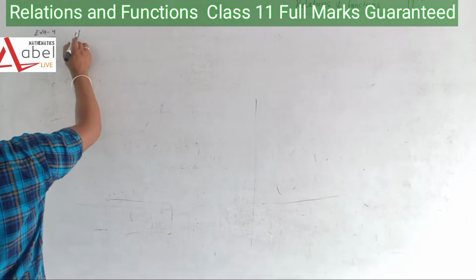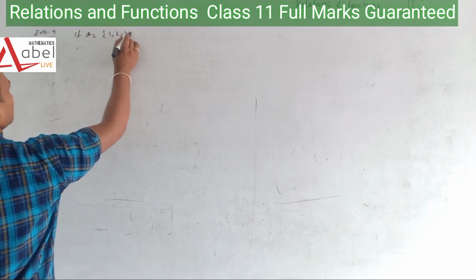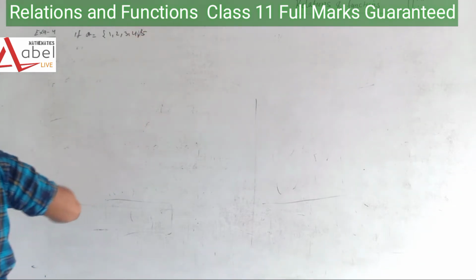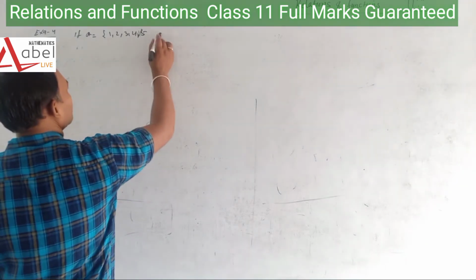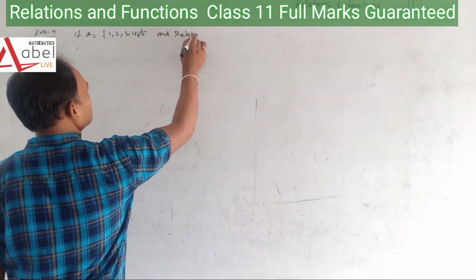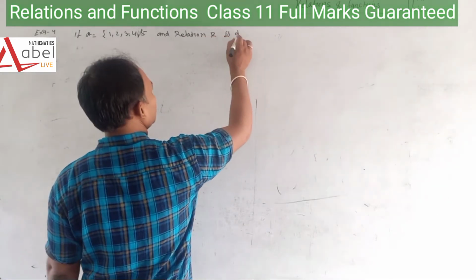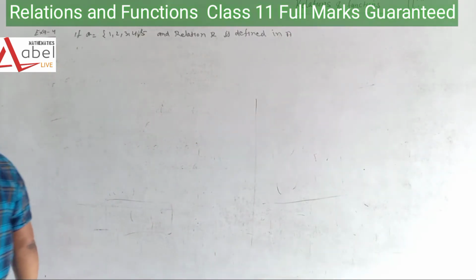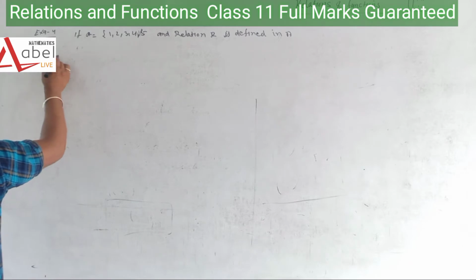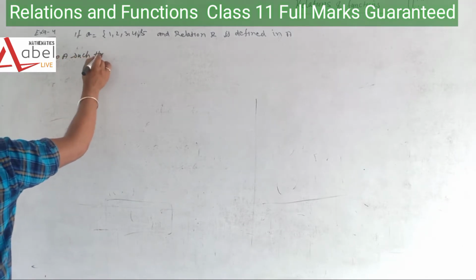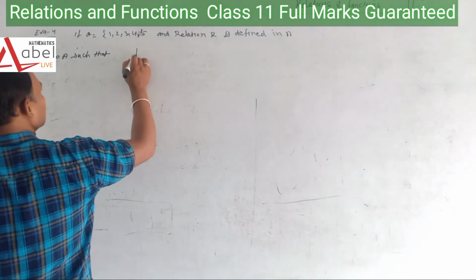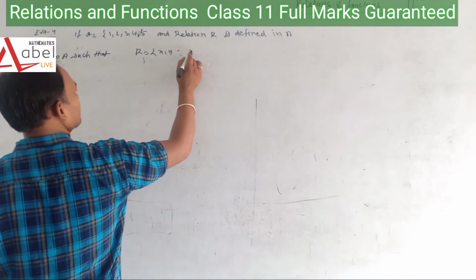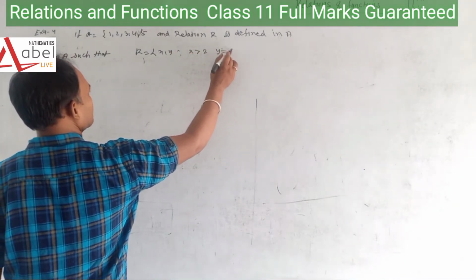If A equals {1, 2, 3, 4, 5}, and a relation R is defined from A to A such that R equals {(x, y): x is greater than 2 and y equals 3}.